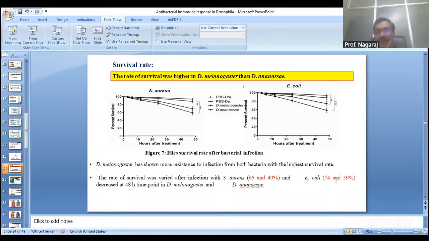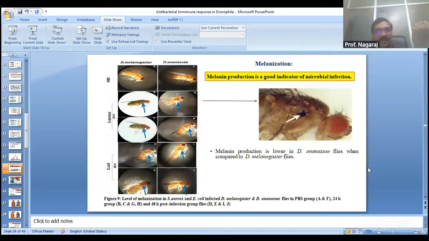For E. coli, melanogaster shows 74%, but ananassae shows 59%. Sorry, so that means there are two different species. So ananassae basically has a lower survival rate than melanogaster. So the first thing we assessed was whether both the fly species have the same survival rate to the bacterial strains or not.